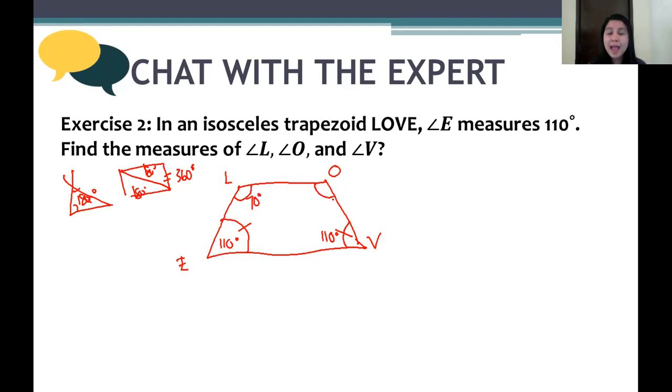How about angle O? What's the measure of angle O? Very good. It's also 70. Very good, Jared and Tatiana. Now, my next question. Why are they the same? Or what theorem supports your answer?